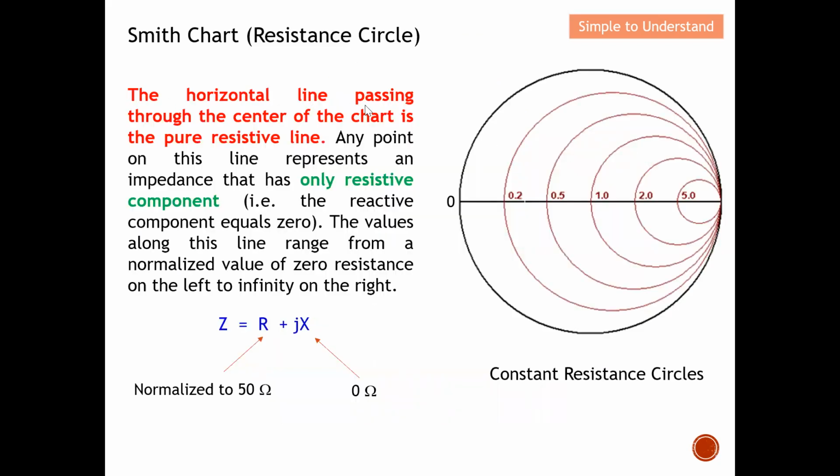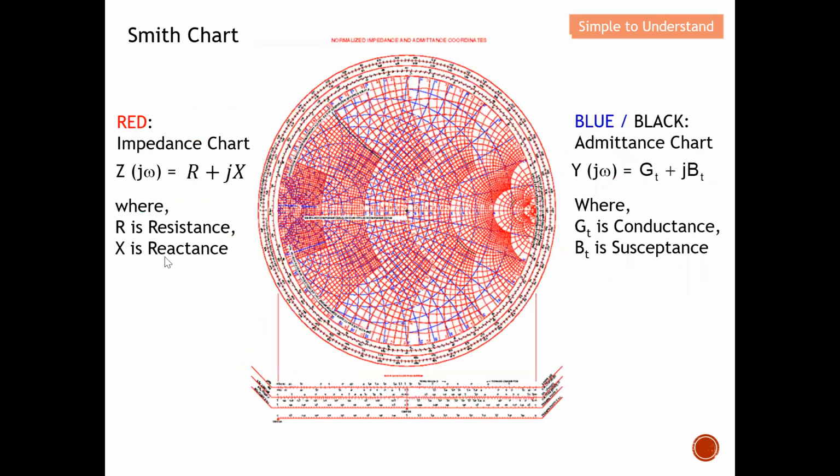The horizontal line passing through the center of the chart is the pure resistive line, which means that the points on this line don't have any imaginary part. Any point on this line represents an impedance that only has a resistive component, which means that, as I mentioned earlier, reactance is equal to 0 in this case.